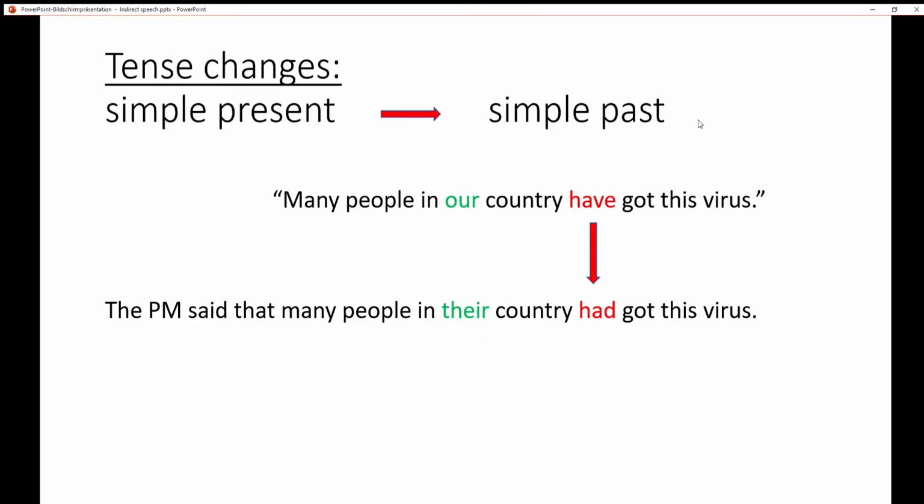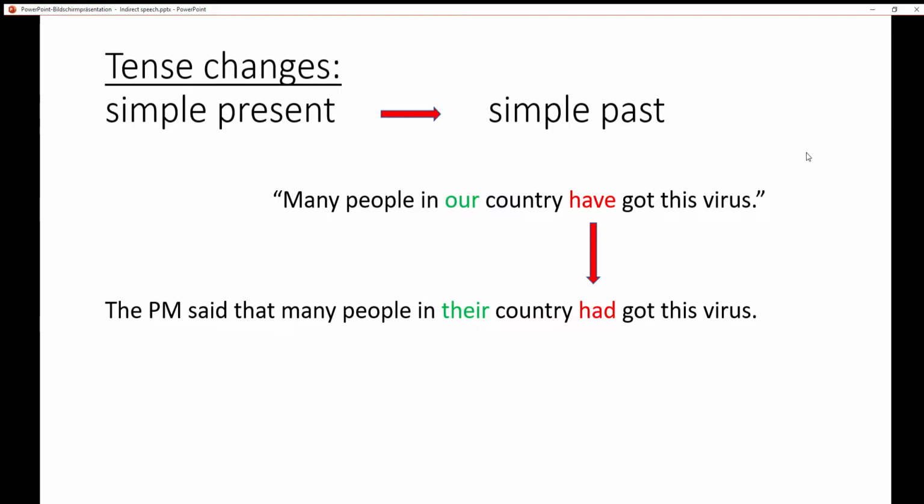Another example for that, the Prime Minister says, many people in our country have got this virus. And the reporter writes in the newspaper or for the television news, the PM said that many people in their country had got this virus. So again, simple present in direct speech becomes simple past in indirect speech.